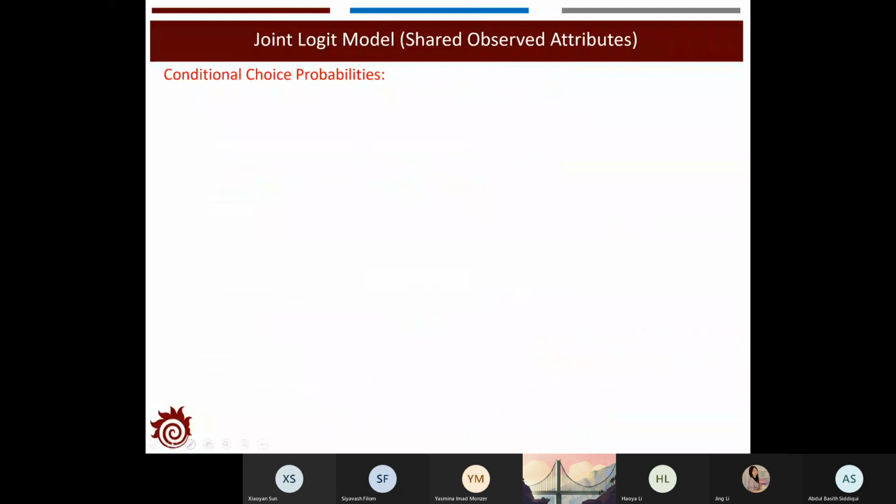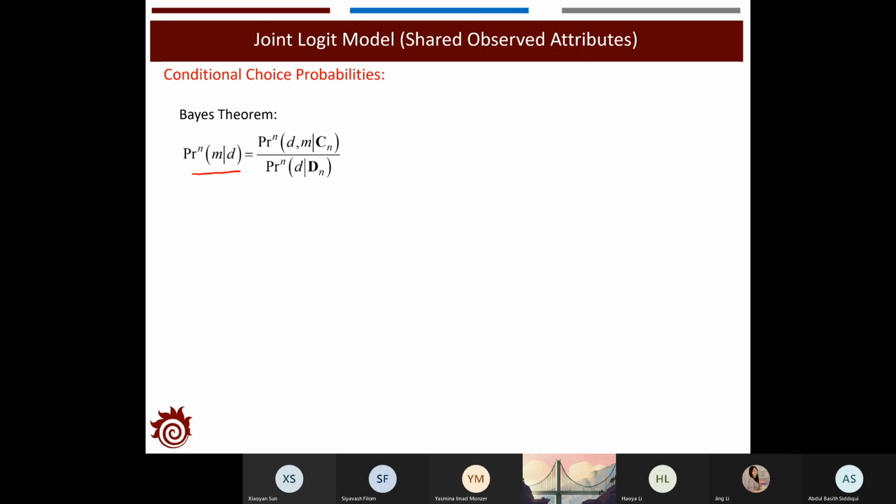Another thing we want to derive for the joint logit model is the conditional choice probability, which is the probability of mode M given destination D, or the probability of destination D given mode M. To do this analysis, we need to recall Bayes' theorem.